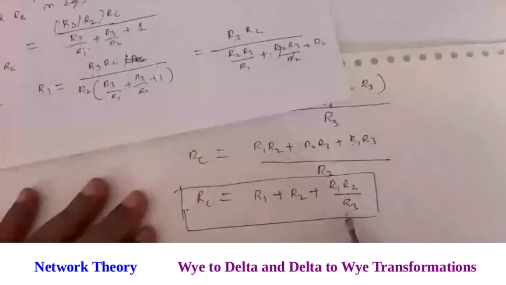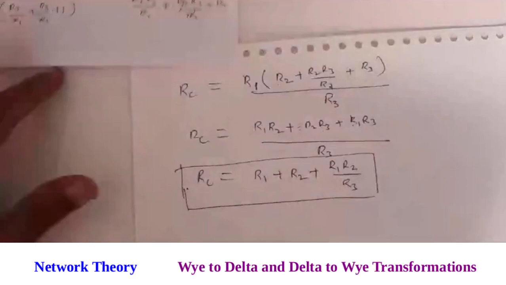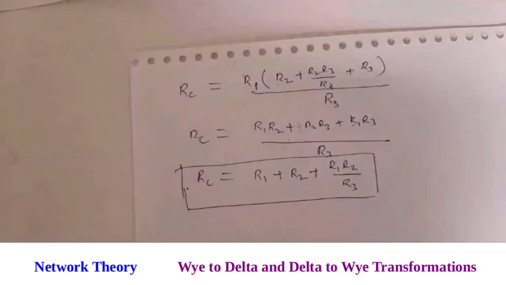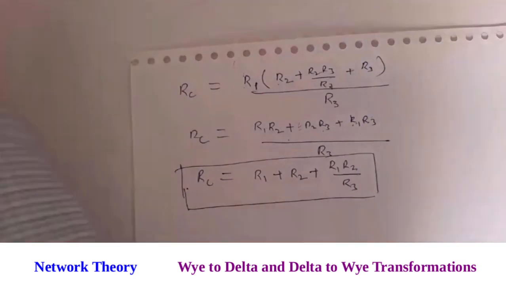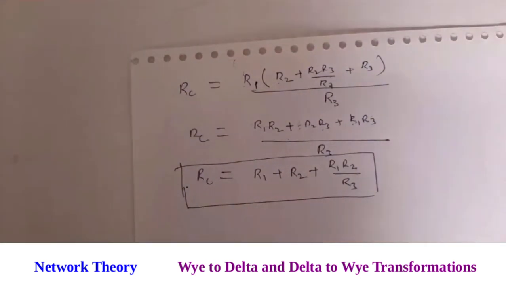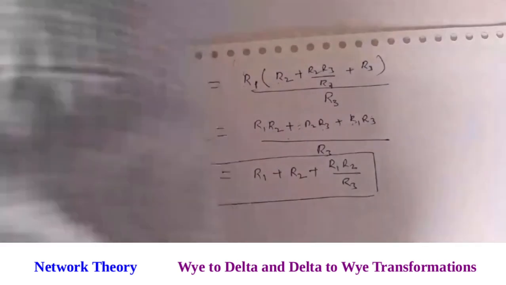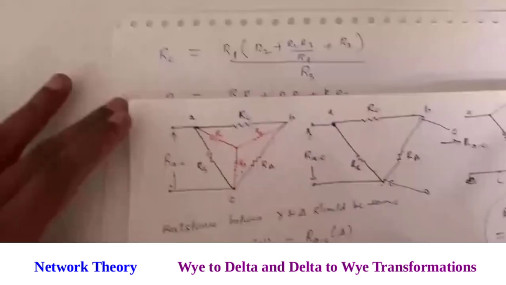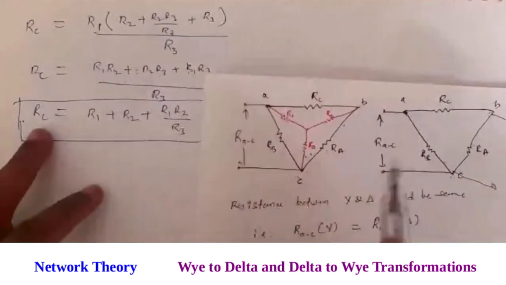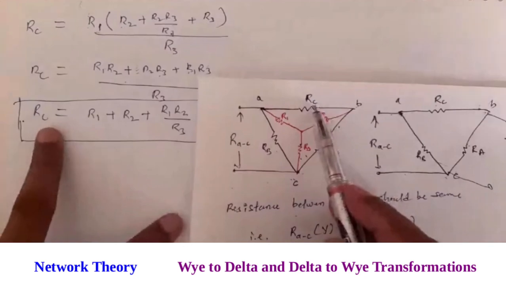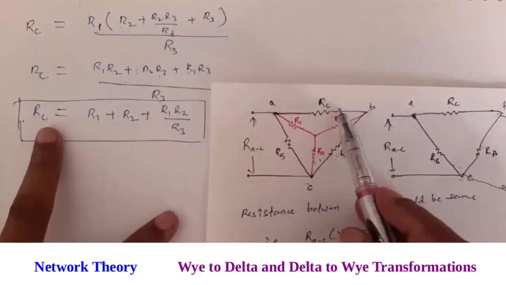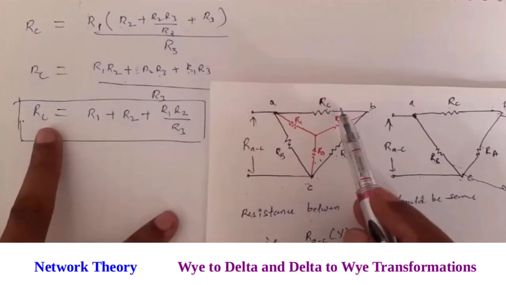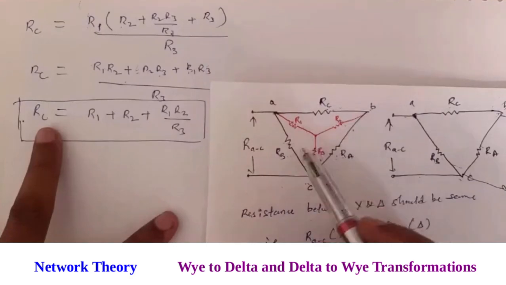If you see, dear students, this network, the first network, I'll redraw it. RC is resistance of delta network, and that particular resistance can be found if we know the resistance of Y network.